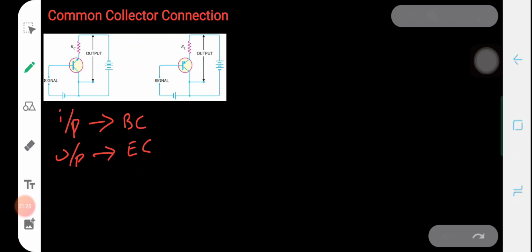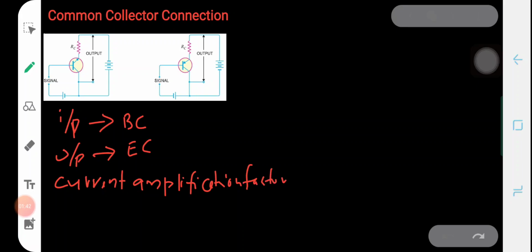So now let's discuss the current amplification factor in the case of a common collector transistor connection. We know that the current amplification factor is the ratio of the output current to the input current. In the case of a common collector transistor connection, the output current is the emitter current and the input current is the base current.